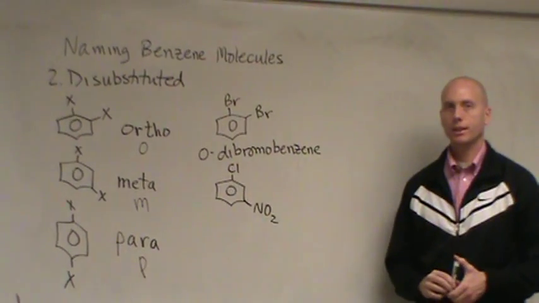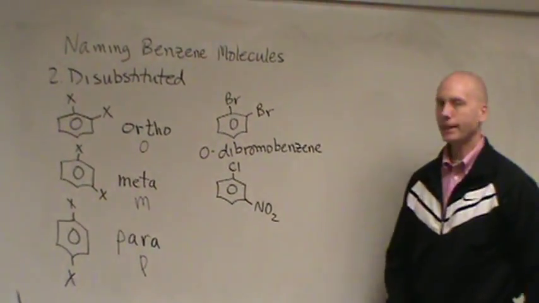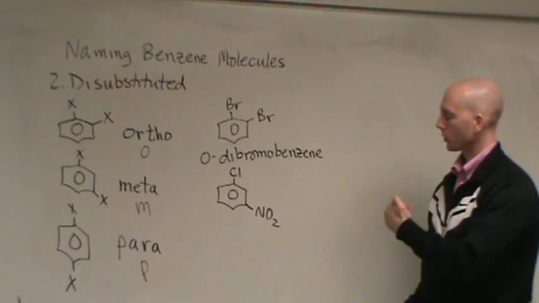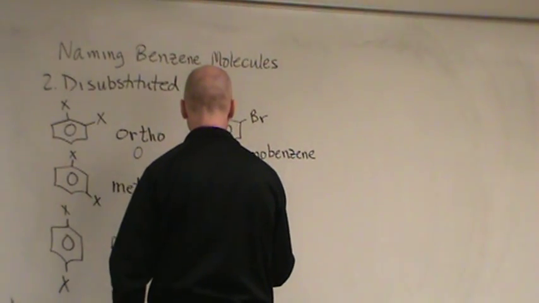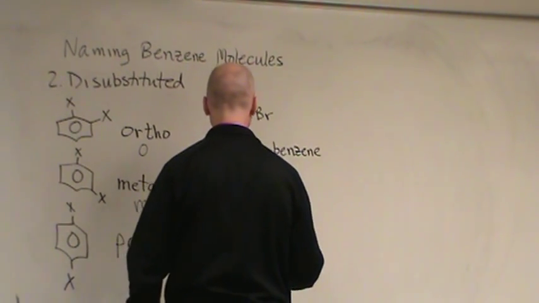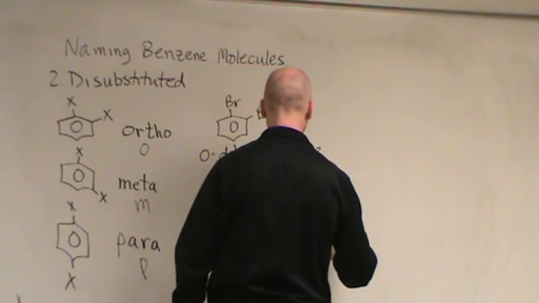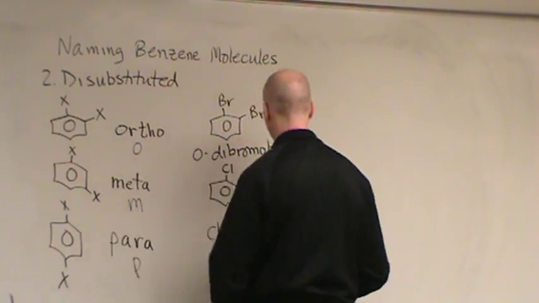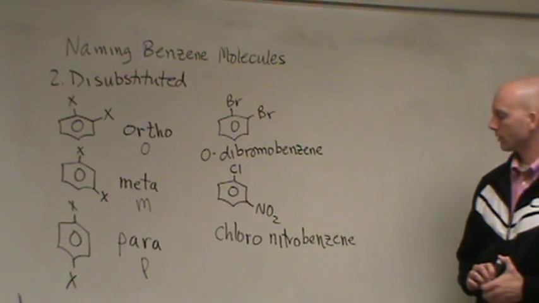What about something like this? Here we have a chloro and a nitro. Well, two different groups, so we put them in alphabetical order. So we have chloro-nitrobenzene.